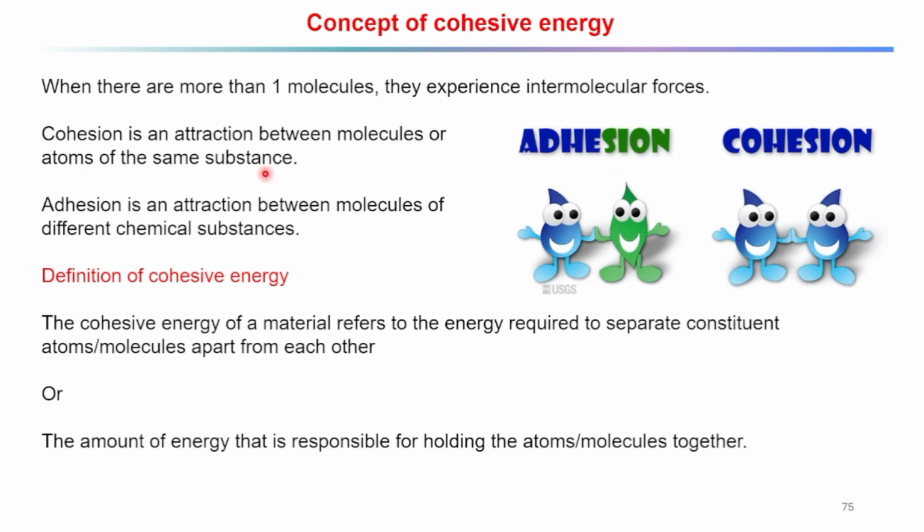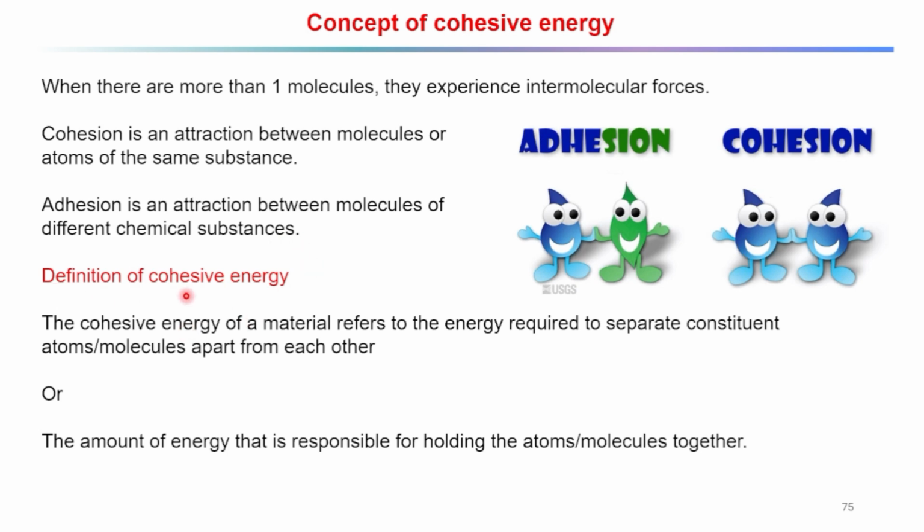As I said, it's an all-boys class, or all-boys property. And adhesion is an attraction between molecules of different chemical substances. For example, if you put boys and girls together, some boys will talk to the girls, and that is an example of adhesion.